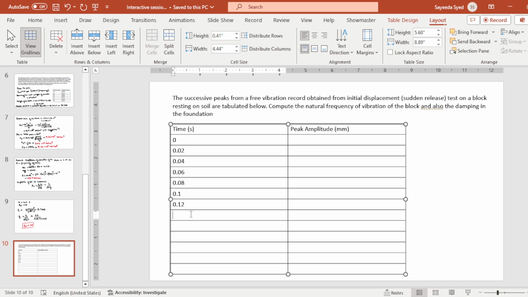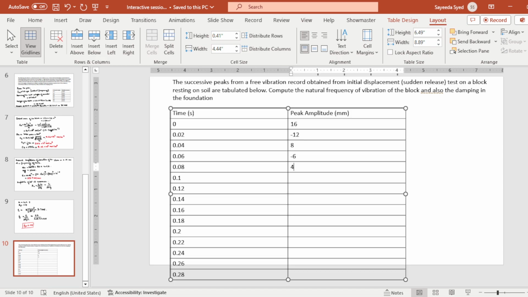Let me give you the values. 16 minus 12, 8 minus 6, 4 minus 3, 2 minus 1.5, 1 minus 0.75, 0.5 minus 0.38, 0.25 minus 0.19, 0.13 minus 0.1.